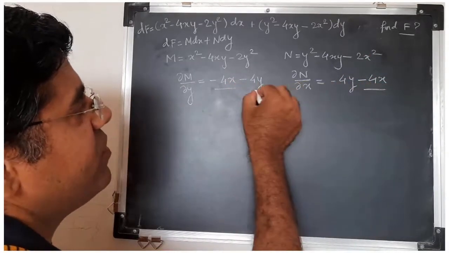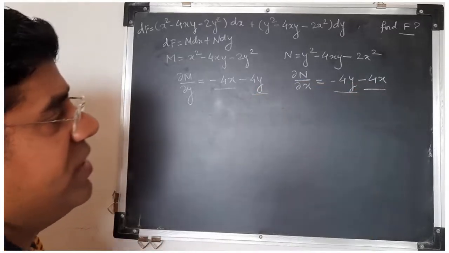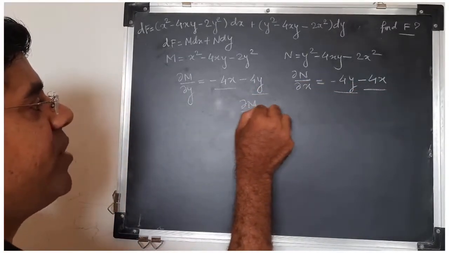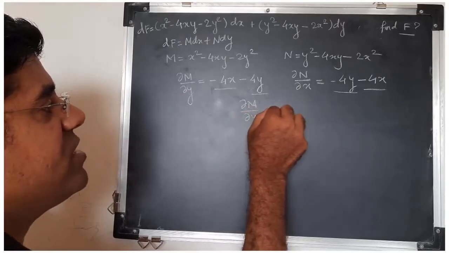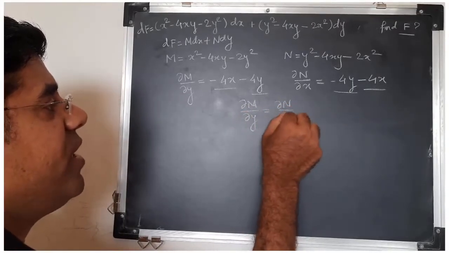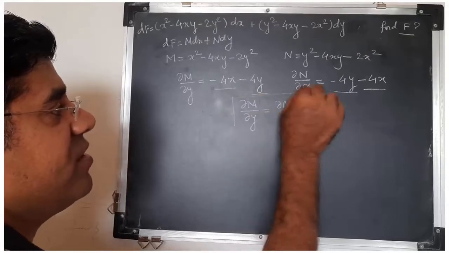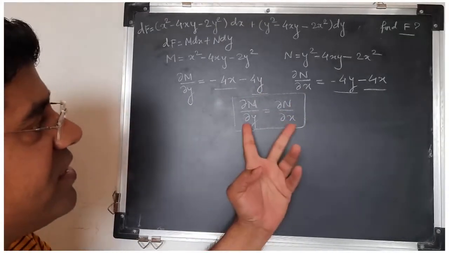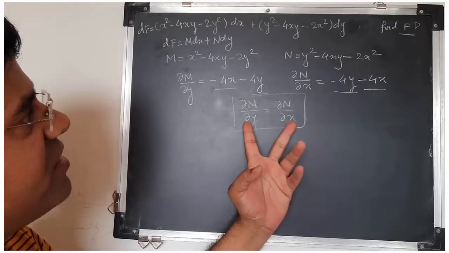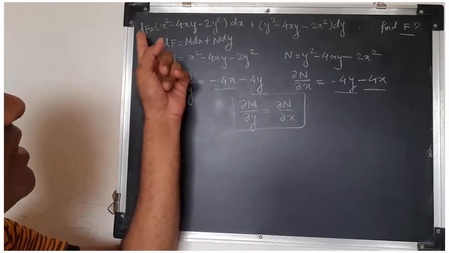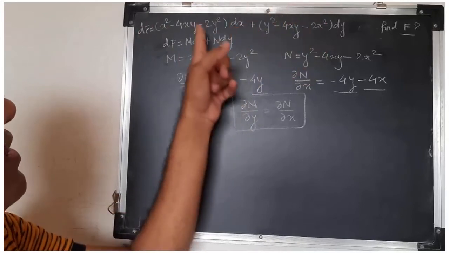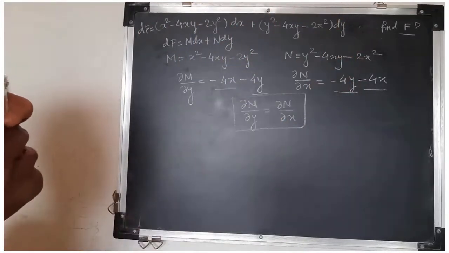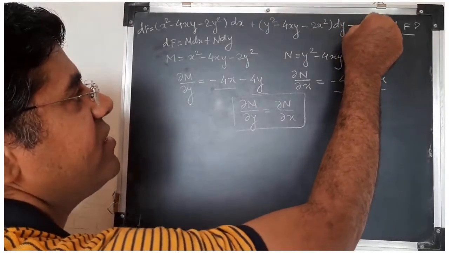So these two are equal: partial M by partial y is equal to partial N by partial x. So the exactness condition is satisfied, which means df is 0, and the given differential equation is an exact differential equation. So I can write this is equal to 0.